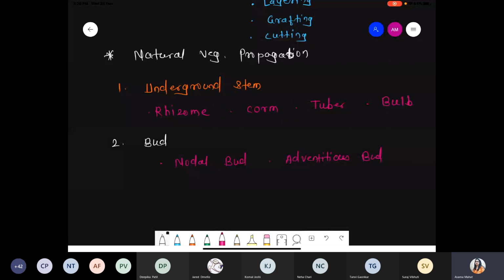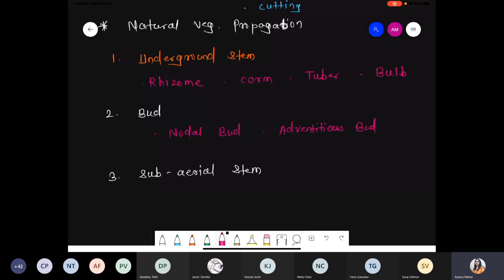Next we are talking about number three, subaerial stem. Under this subaerial stem, quickly tell me which four types we'll discuss. We already discussed and studied this part.